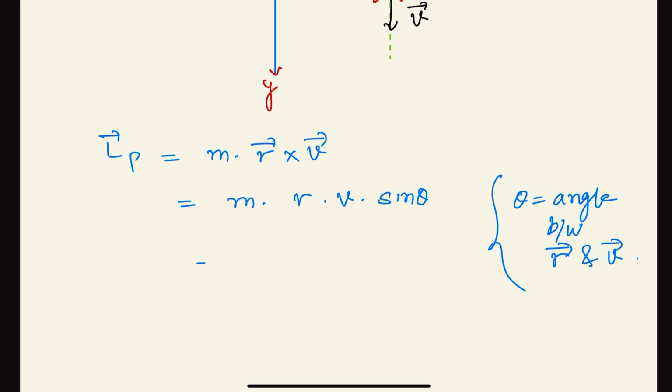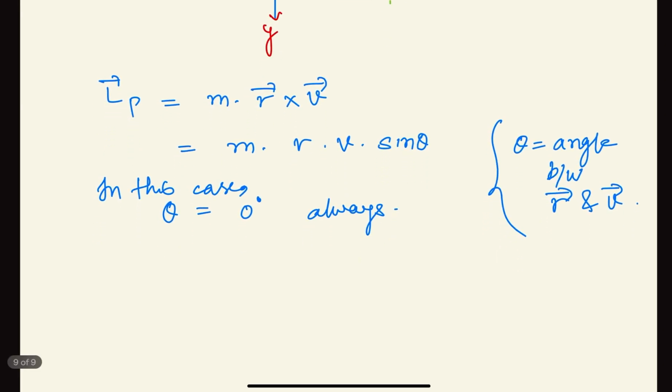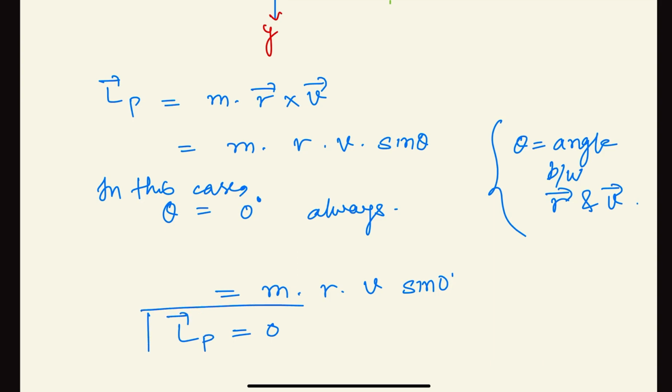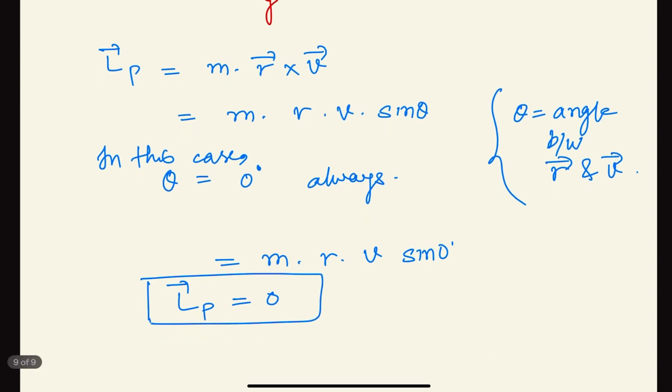In this case theta is always 0 degrees, so m r v sine 0 is always 0. So my angular momentum for the same system with respect to point P is 0.